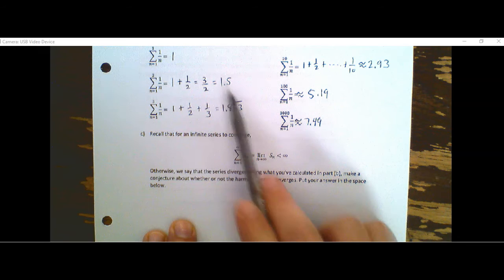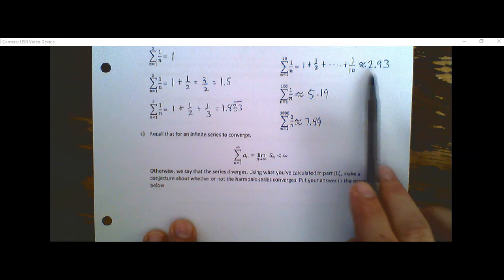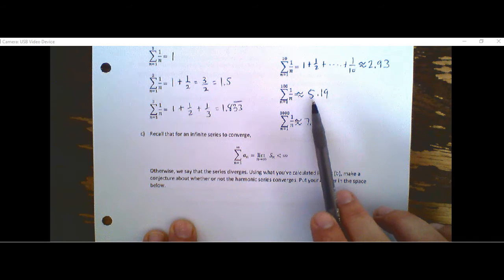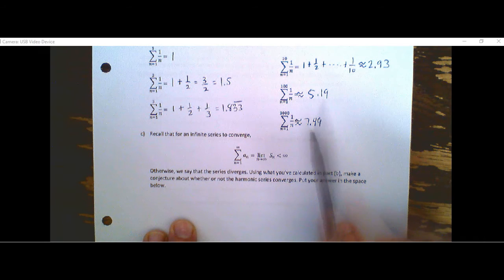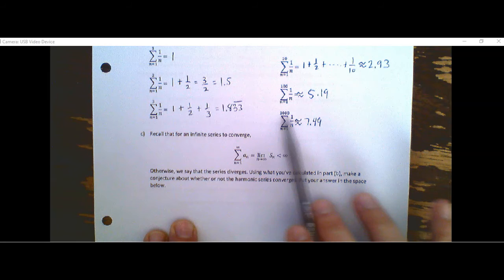Well, it grew by 0.5, grew by 0.3 here, this grew by 1 and some change, this grew by 1 and a little bit more, then 2 and some more, so on and so forth. So you can see that there's no trend here of just kind of a leveling out after 1,000 terms, right?